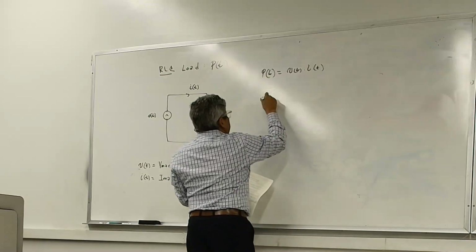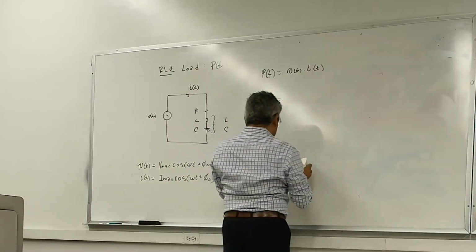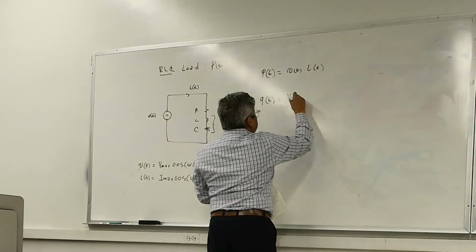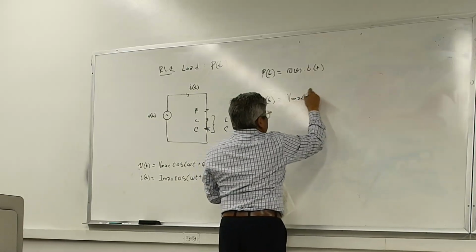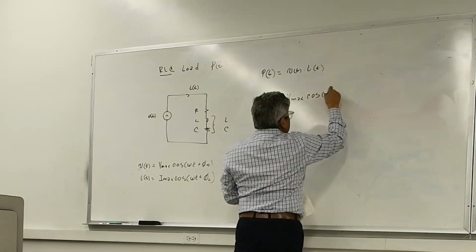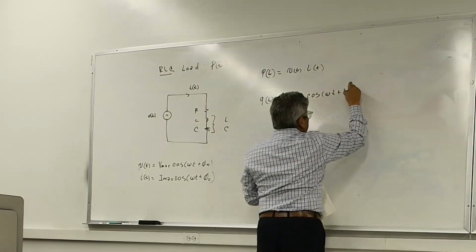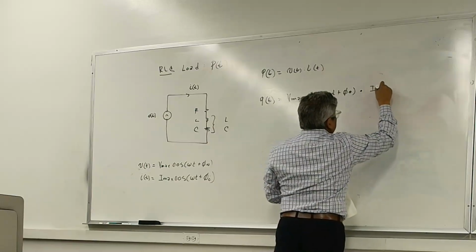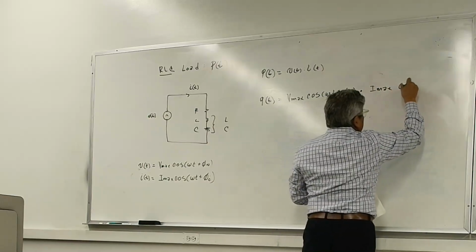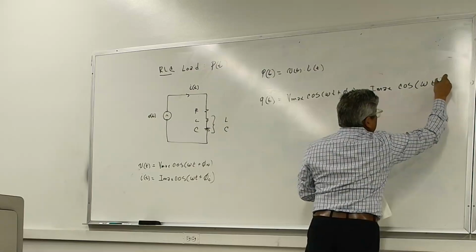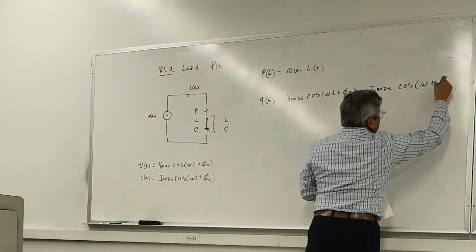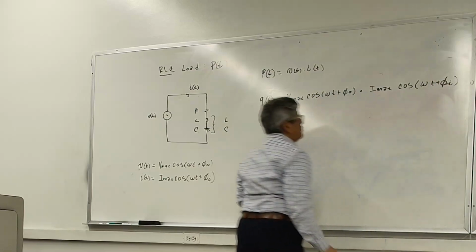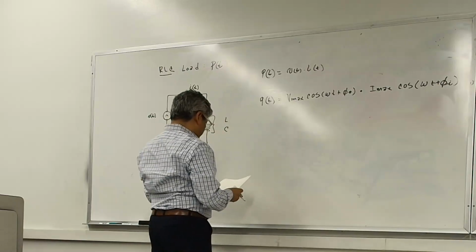So then we say that p of t is equal to V max cosine omega t plus phi V times I max cosine omega t plus phi I for the angle of the current.